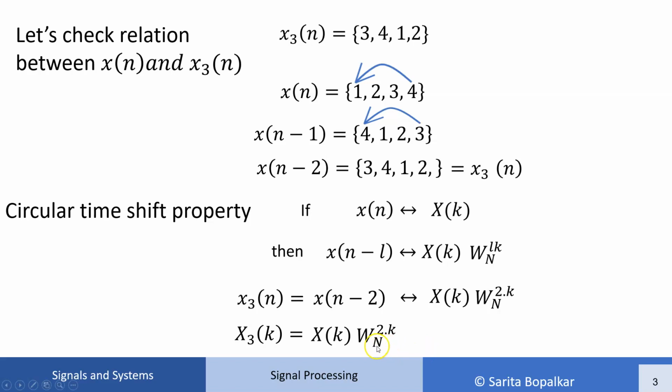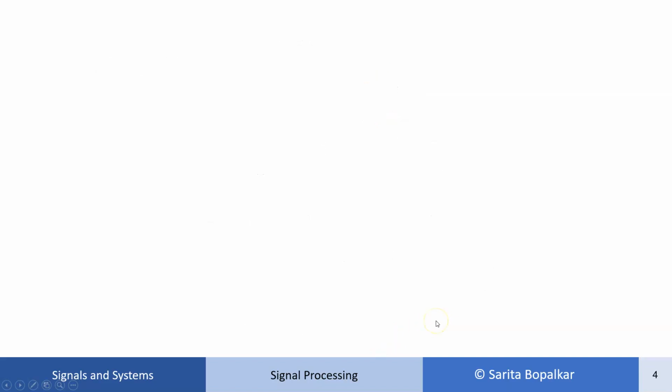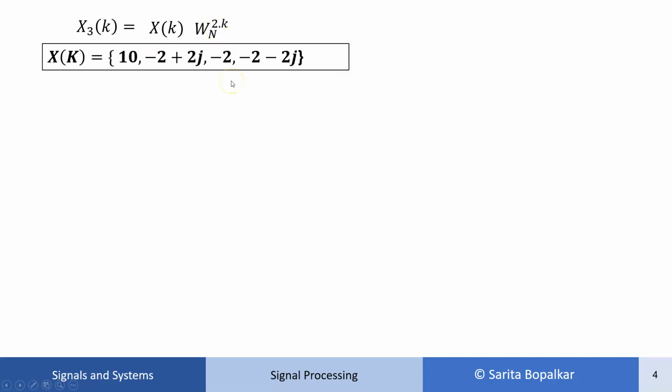And what is capital N? There are 4 samples, so it is a 4-point DFT, and capital N is 4. Let's find X3 of k, which is X of k times W_N^{2k}, where 2 is the shift. X of k we already calculated by the matrix method: 10, minus 2 plus 2j, minus 2, minus 2 minus 2j.